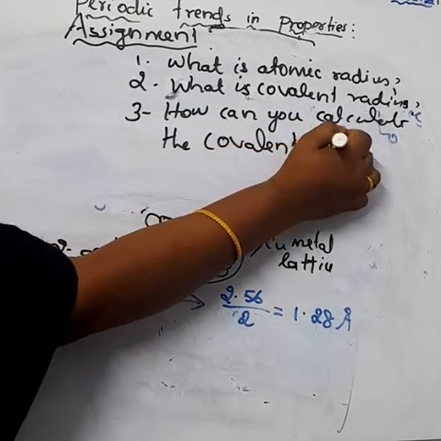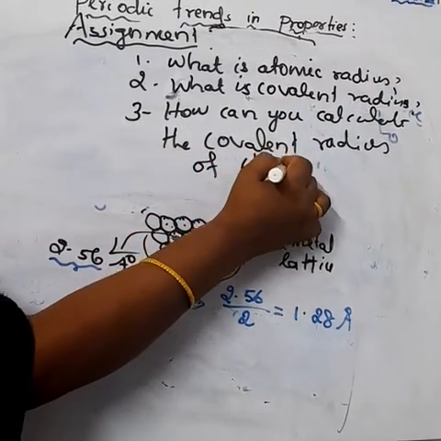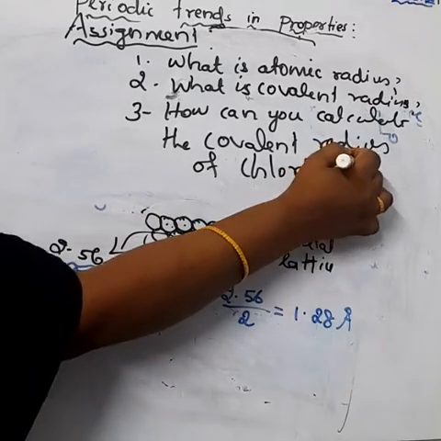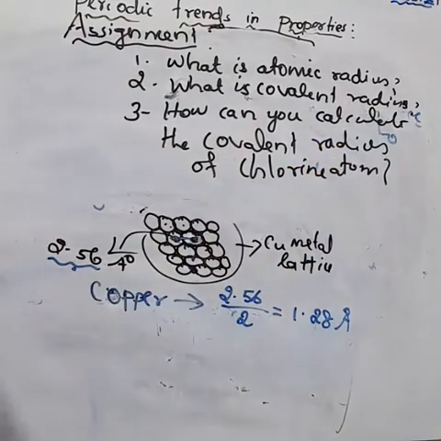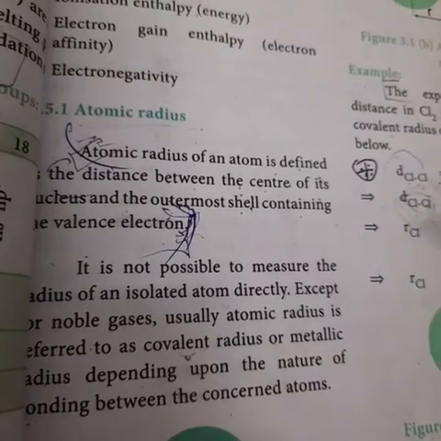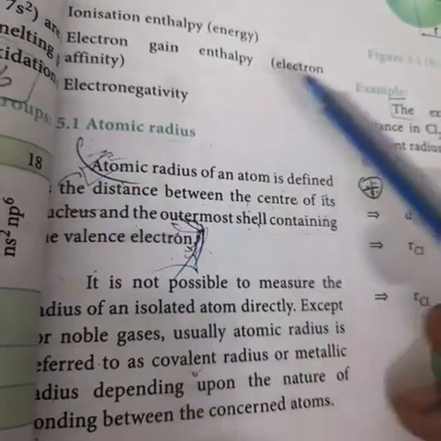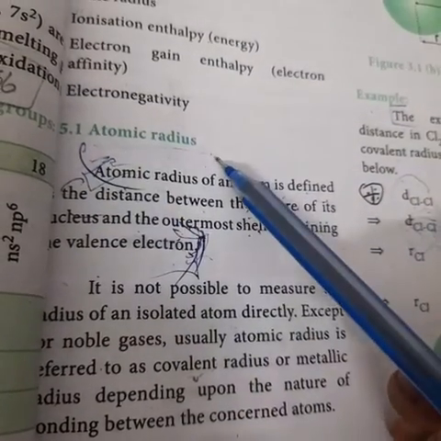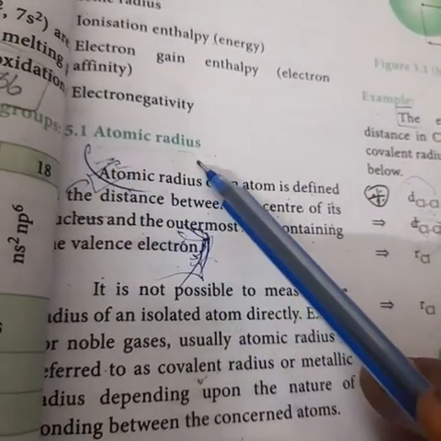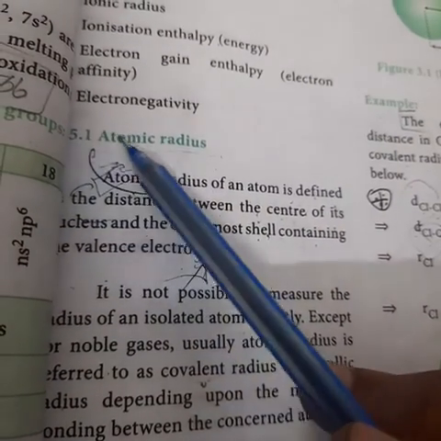If you have the book, take your book now. Page number 79. What do you mean by atomic radius? First question.